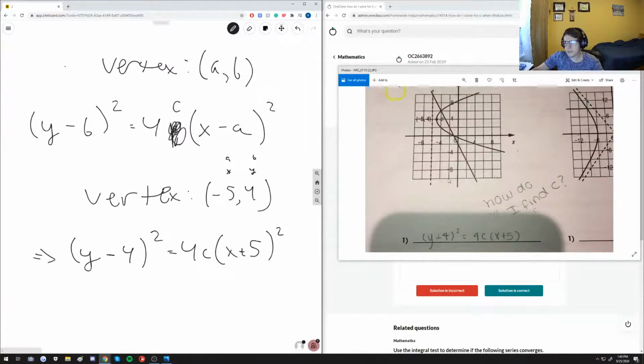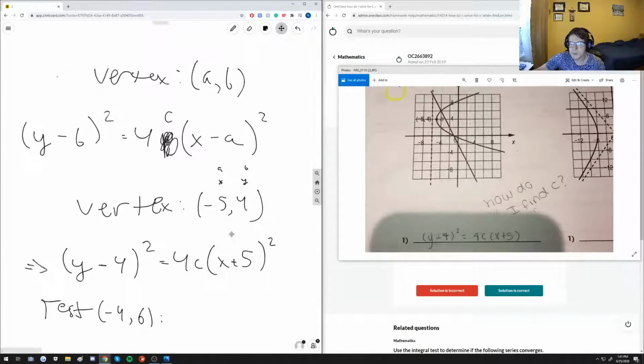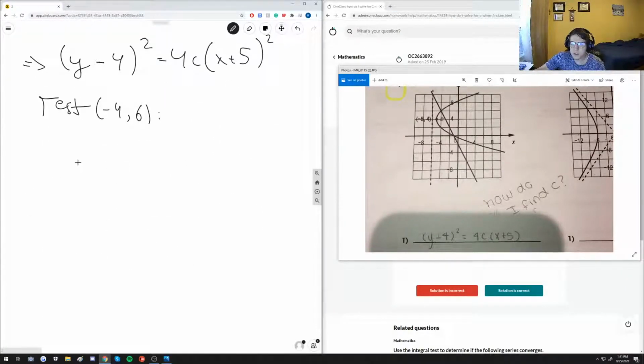Now, how do you find c? You find c by taking any other point on the parabola and testing it to see what the value of c would be. A good point to take would be this intersection of this line and the parabola, which is minus 4 comma 6. Plugging in 6 for y, we have 6 minus 4 squared equals 4c, which we don't know, that's what we're looking for, times x plus 5 squared.